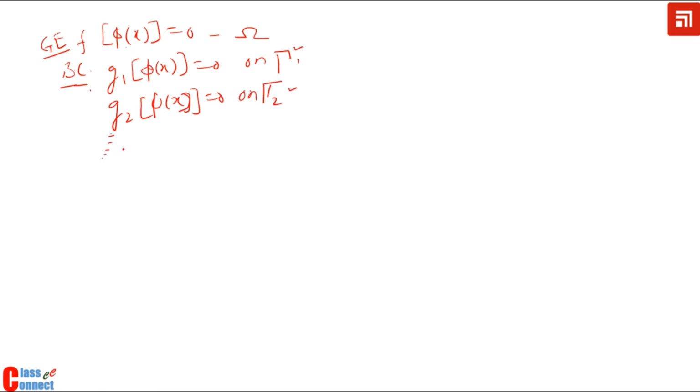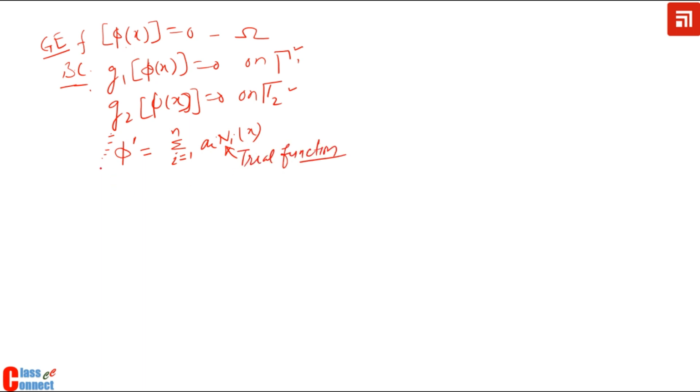We assume a function for the field variable, which for n terms we can write as the sum of a_i N_i(x), and this N_i is named as the trial function.